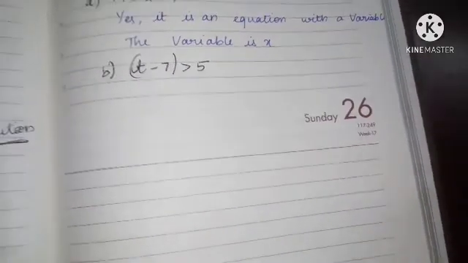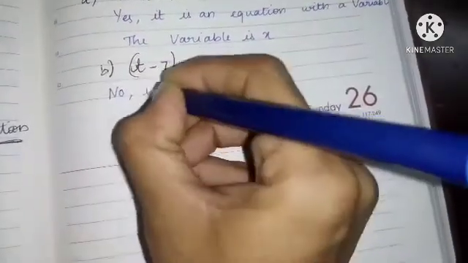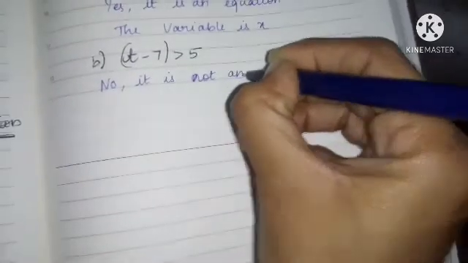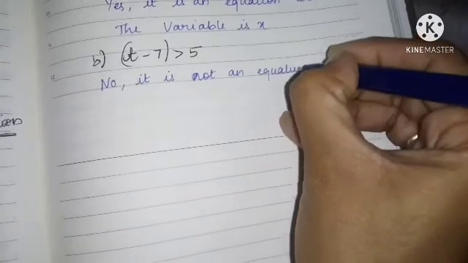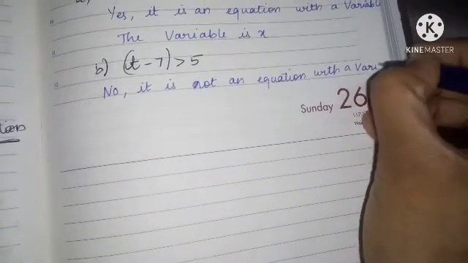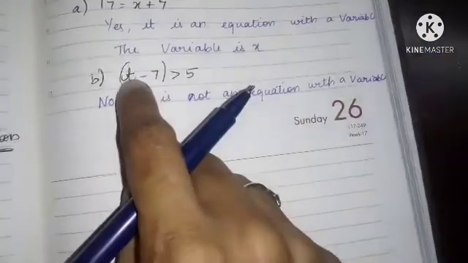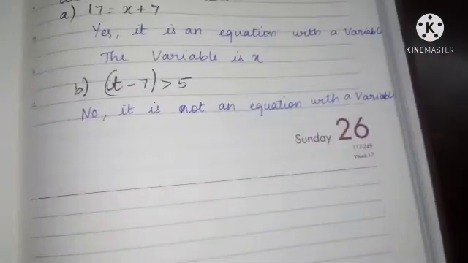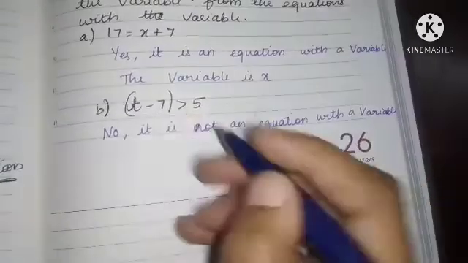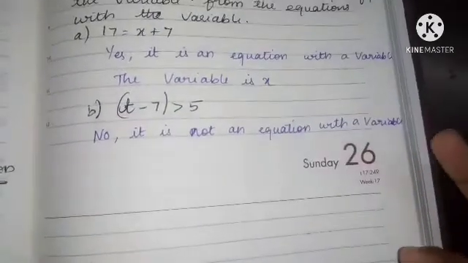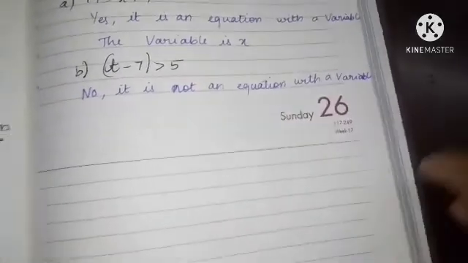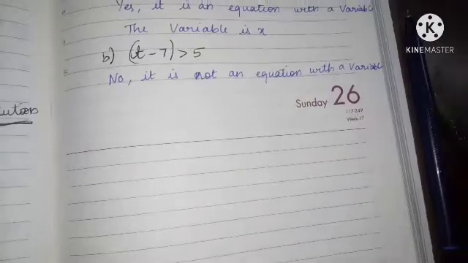So it is not an equation with a variable. Here you have a variable, but it is not an equation because the main thing, the equal to sign, is not there. Since it is not an equation, we don't write the variable for this question.